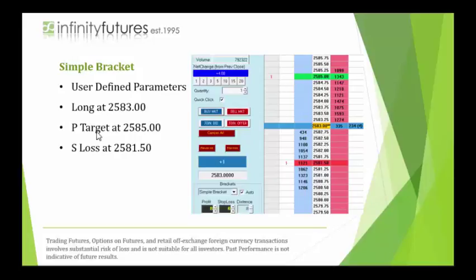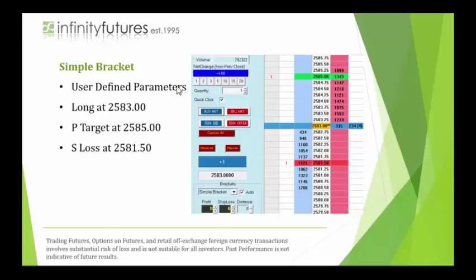Alternatively, at the very same time, we automatically placed through the simple bracket technology a stop loss 6 ticks down at 25.8150, right? So we're willing to stay in the trade until we get down to 25.8150, and then we want to liquidate our long position and take our losses, right?